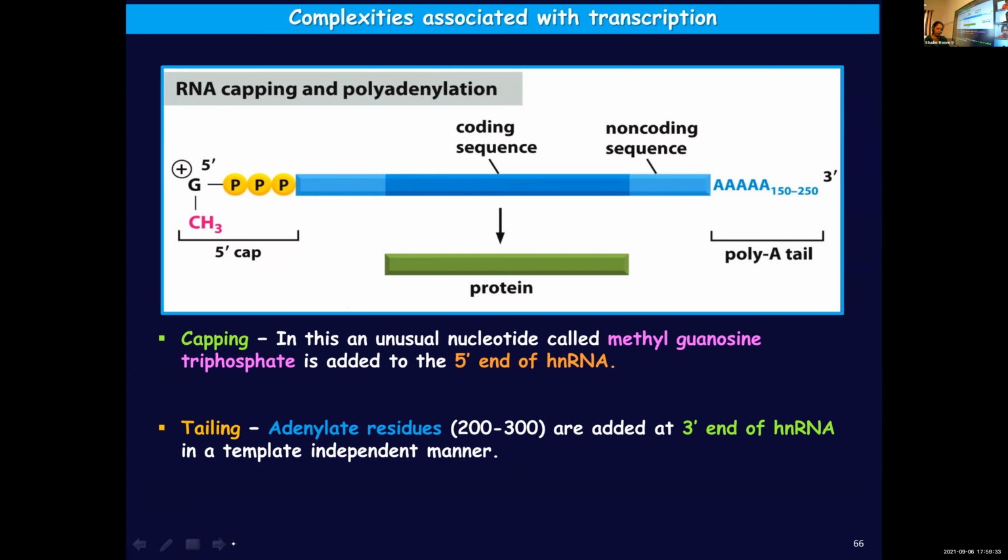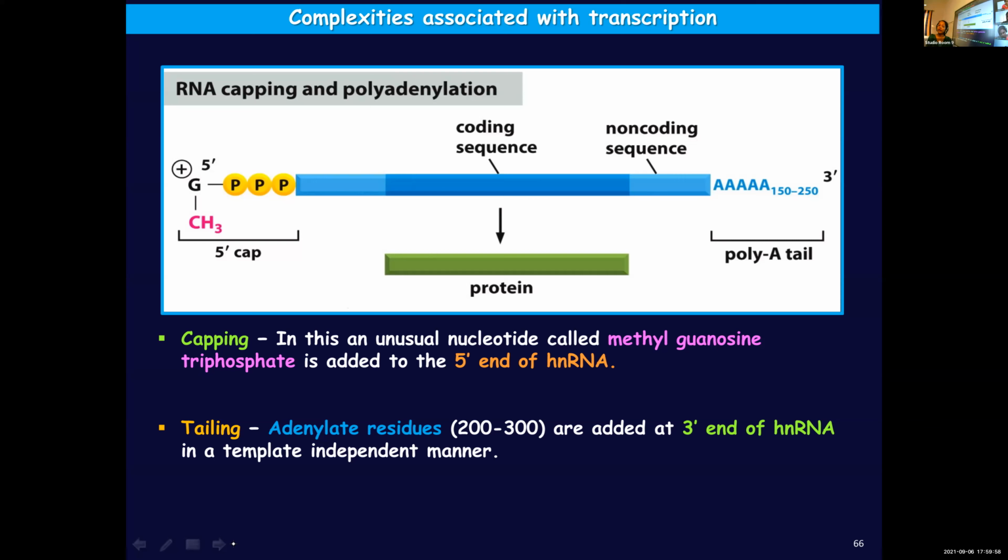So the 5' end will provide protection from degradation, and it also helps the translation process. Whereas the tailing process also will protect it from degradation, and it also helps in transporting the messenger RNA into the cytoplasm. I told that the transcription process is taking place in the nucleus.